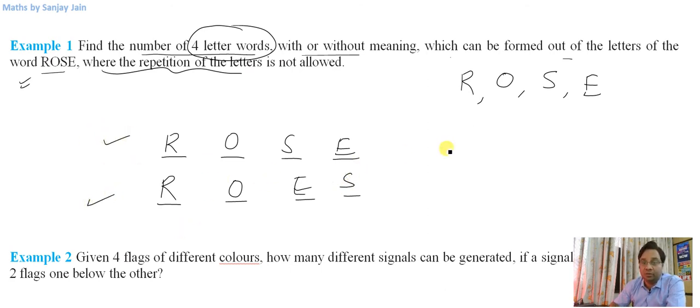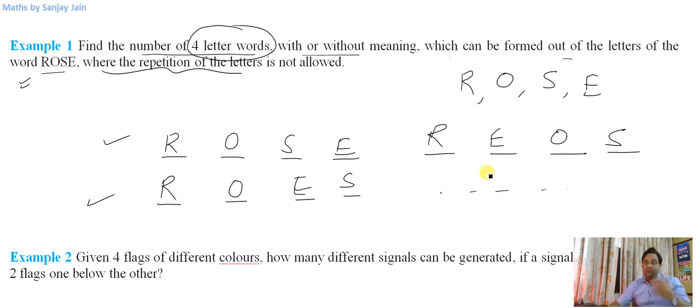So we have to count all such 4-letter words that we can form. So starting with R, I can have another word R-E-O-S. Okay, so these are all the words that I want to count. Now what can be the smarter way to, now if I start listing these words, this will be very lengthy. So in mathematics we always find the shortest ways to solve problems, right?